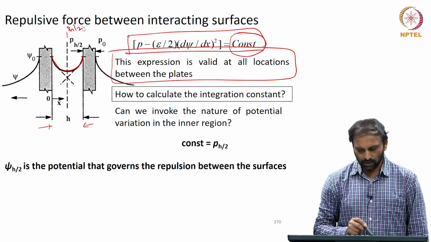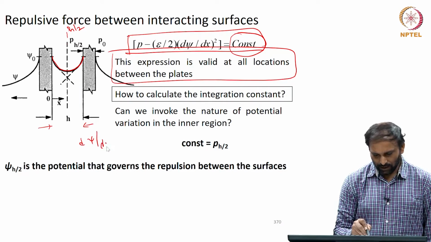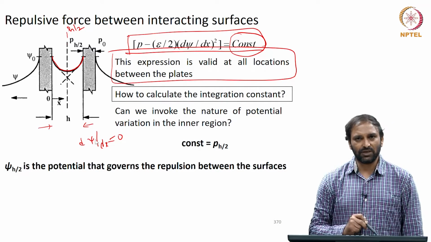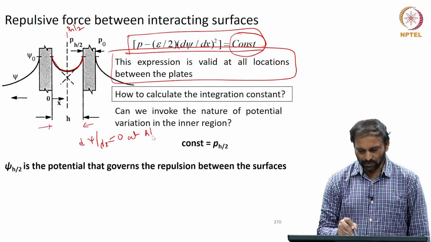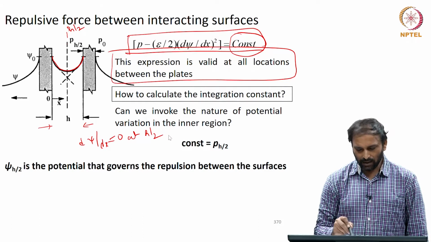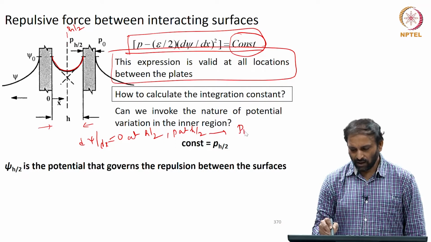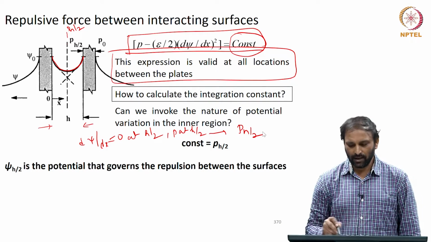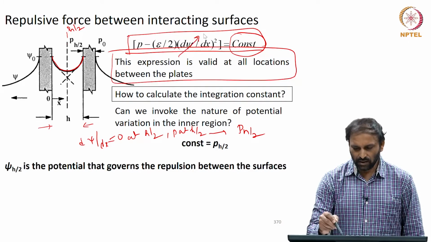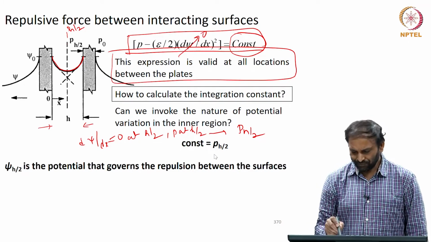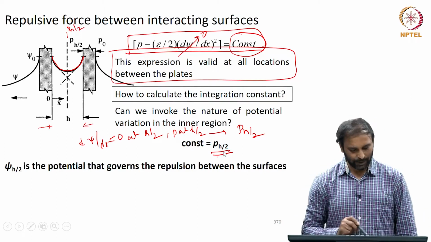At the midpoint, you can say that d psi by dx is equal to 0 at h by 2, and pressure at h by 2 is p h by 2. So, if I substitute these conditions, this term becomes 0. Therefore, the constant essentially becomes p at h by 2.